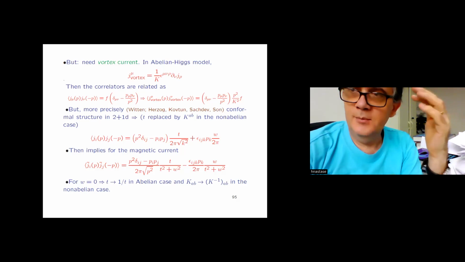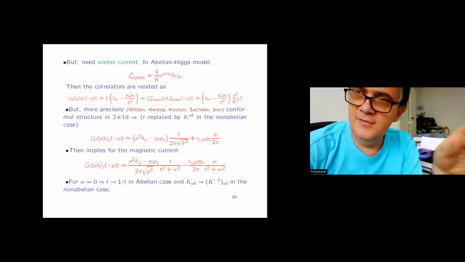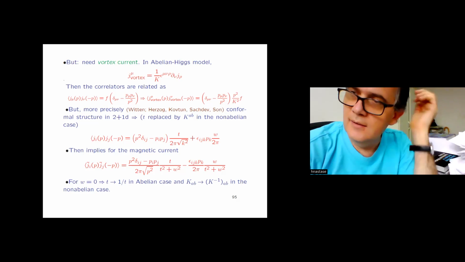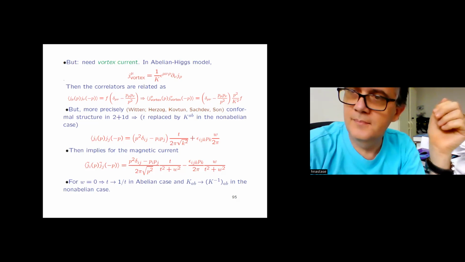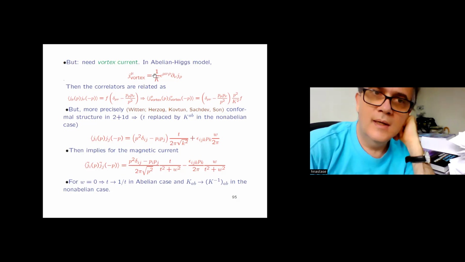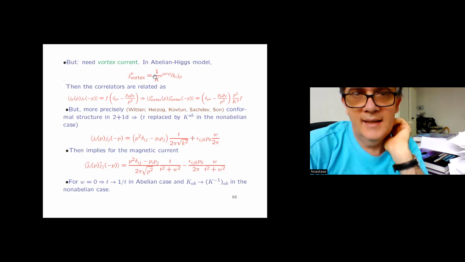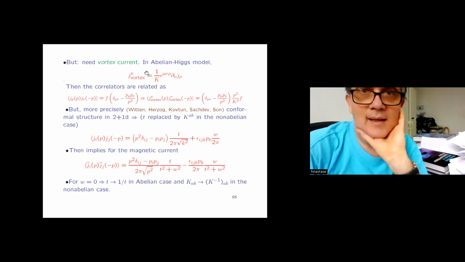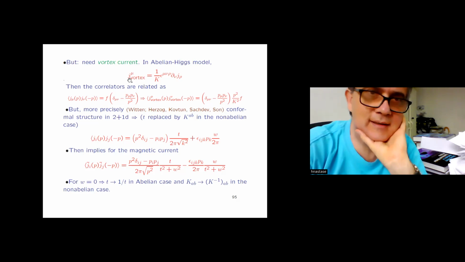But now we remember that we don't need the Noether current, we need the vortex current, the magnetically dual current. There's a transformation in an abelian model: one can write a transformation between the Noether current and the vortex current.